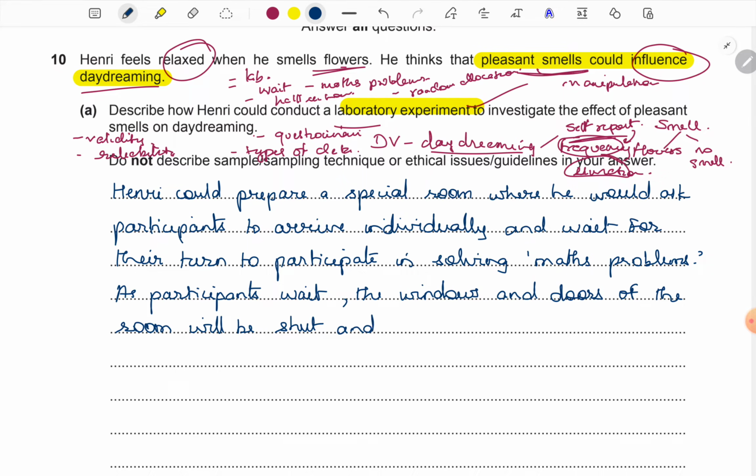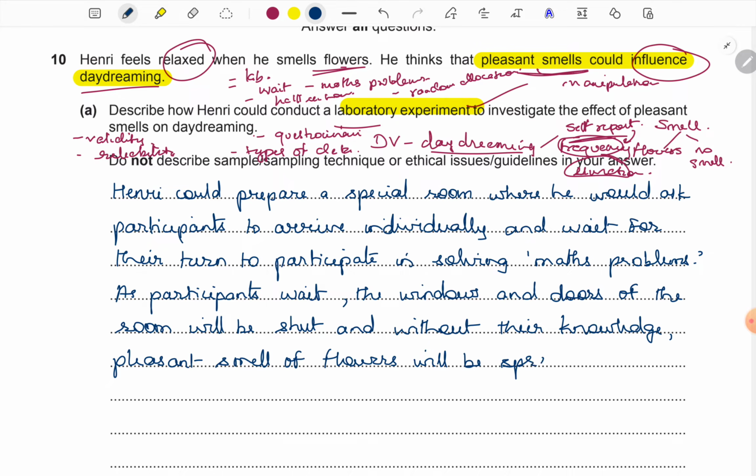And without their knowledge, a pleasant smell of flowers will be sprayed into the room.